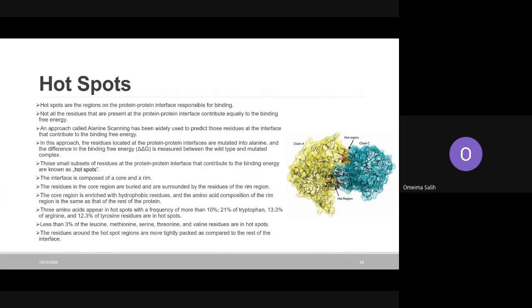The core is always rich in hydrophobic residues, and as I mentioned before, they are the buried part of the interface. The amino acid composition of the rim is the same as the rest of the protein. That means they are partially exposed to the solvent.